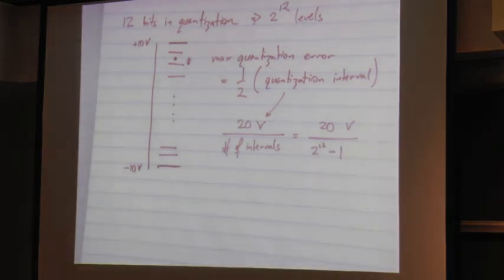So if I had two levels, one up here and one down here, how many intervals do I have? One less than the number of levels, right? So that extends to 2 to the 12 as well. I hope that argument is kind of clear. You have one less interval than levels, because you've got to have one level at the top and one level at the bottom.